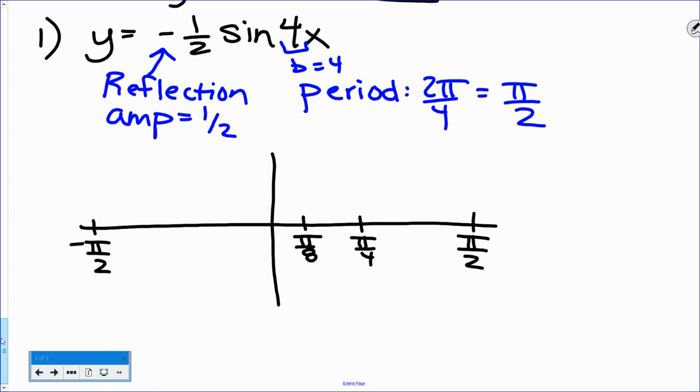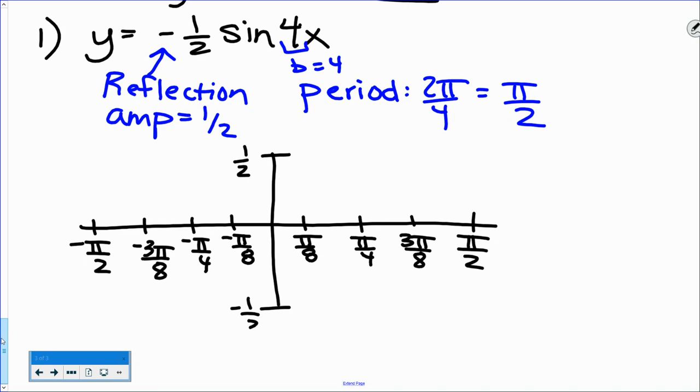So we are going by eighths of pi. 1/8, 2/8, 3/8, and the same for their opposites. My amplitude is a half, so I'll label this a half and this negative a half.